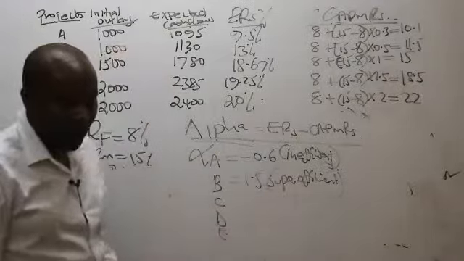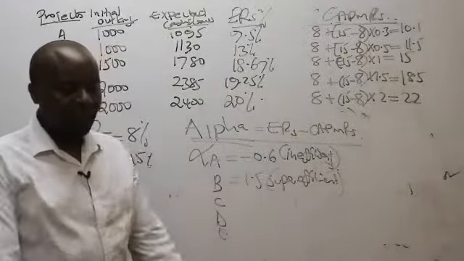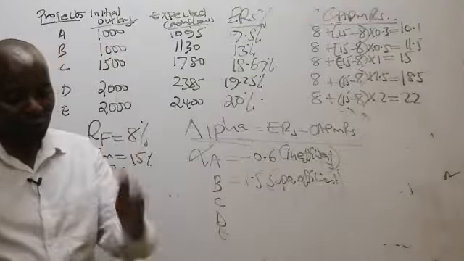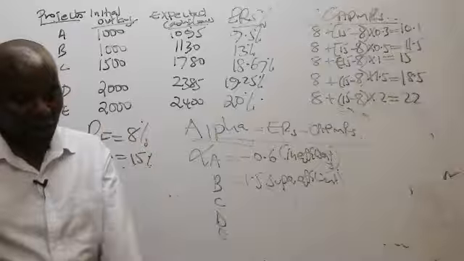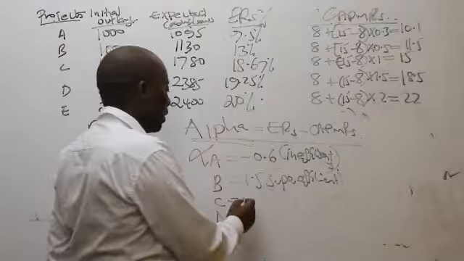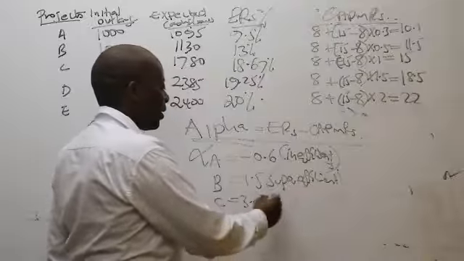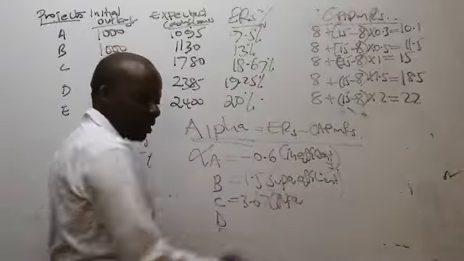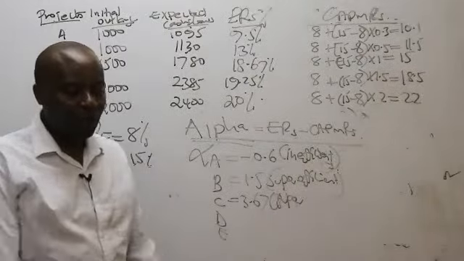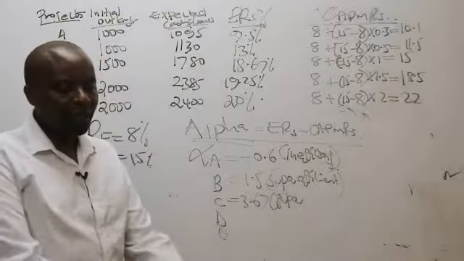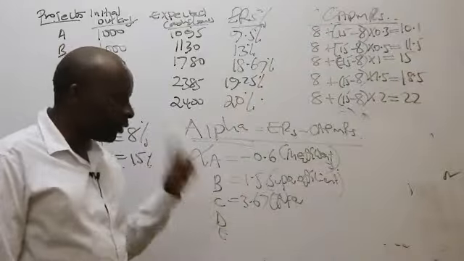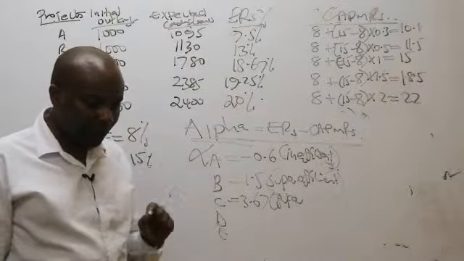Caro tells me 3.674 for C, super efficient. Olifi has also confirmed that C for sure is 3.67, which is very good.